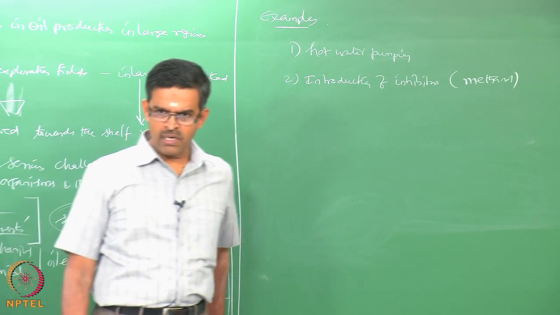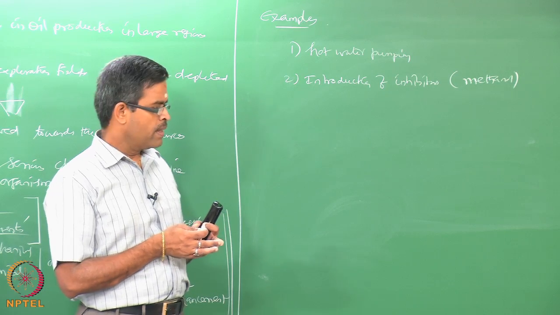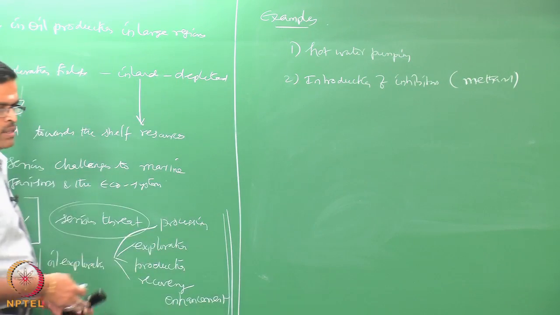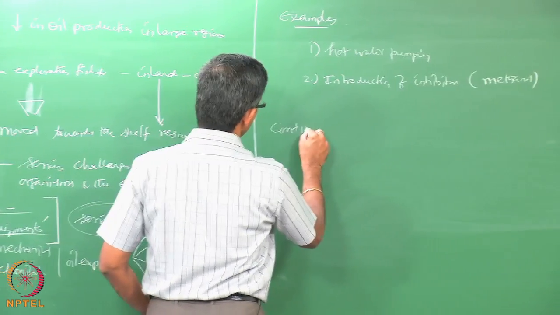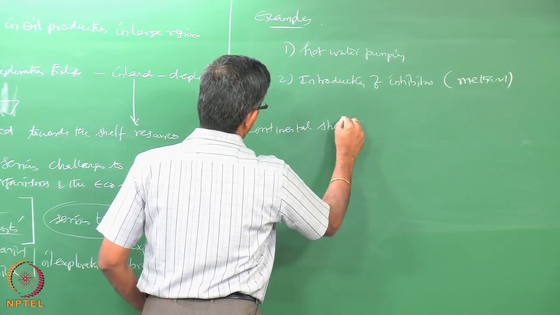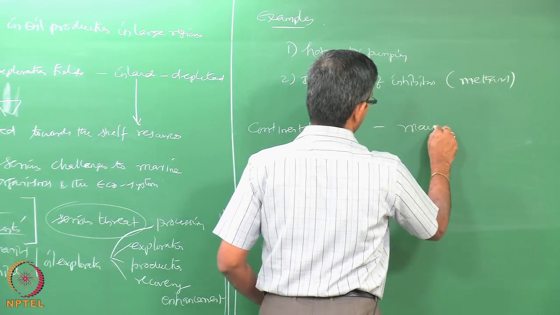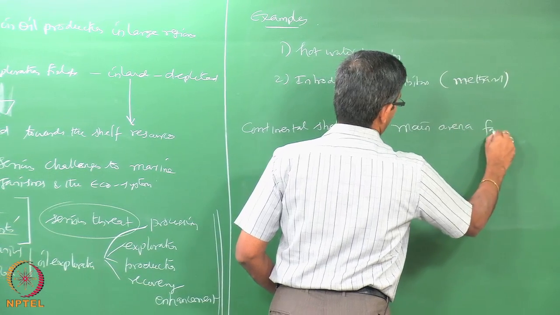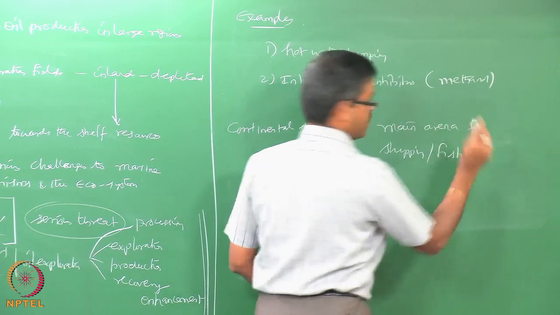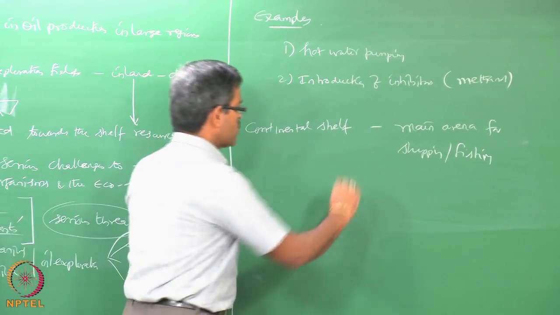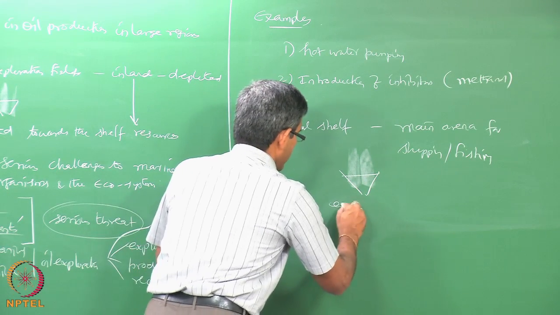Now, let us see how we have disturbed the total marine ecosystem by overloading the exploratory measures into the continental shelf. The continental shelf, which used to be the main arena for shipping and fishing, is now transferred to a main resource for exploring oil and gas.